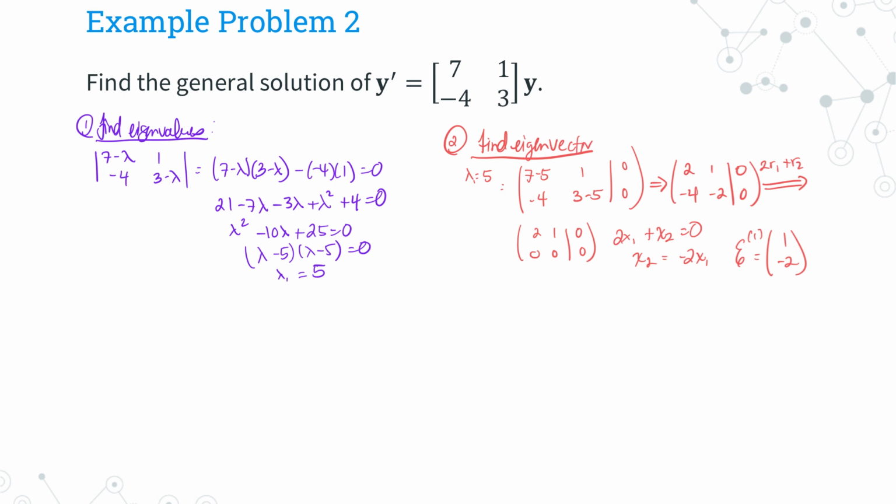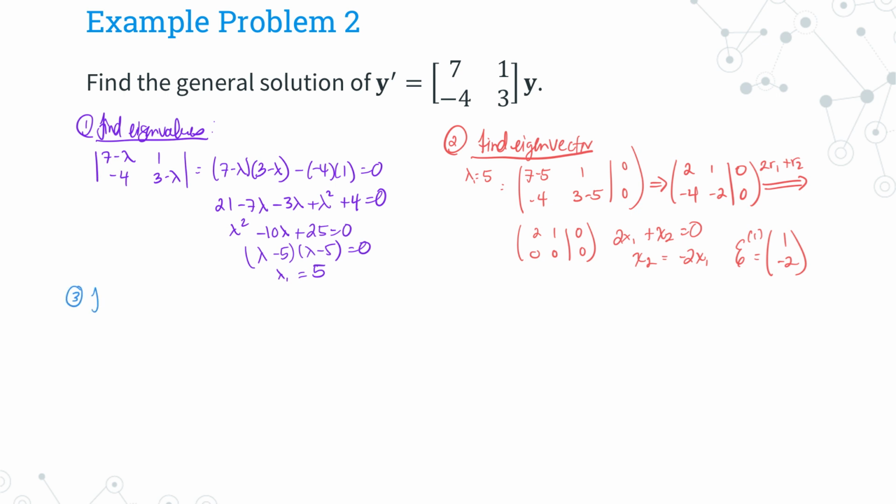So we get an eigenvector of 1, -2. So how does this help us find our u? Well, we have a pretty easy going eigenvector and eigenvalue process, so let's keep it going.